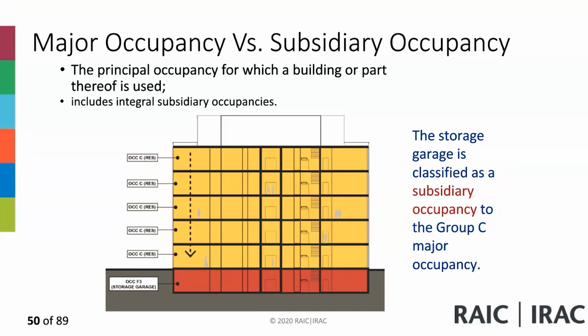Like the parking garage. I've got a parking garage that is used solely by the building occupants, the residents. So that parking garage is subsidiary, and my major occupancy is Group C. If I decide my garage is going to have special entrances for people from the outside, and it's going to be operated by somebody from the outside, and people from the outside pay for the use of the garage, that's two major occupancies because it's a different operation, different uses.